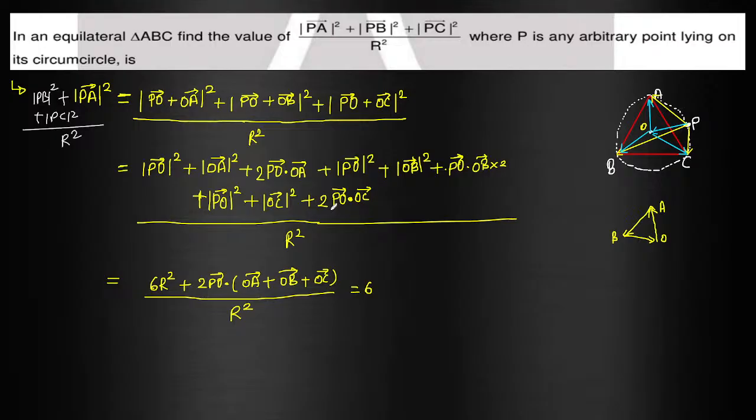So in a triangle if you go with sum of all the vectors, it is going to be 0. OA vector, OB vector, OC vector, it is going to be 0. So we have 6r square by r square, which is 6.